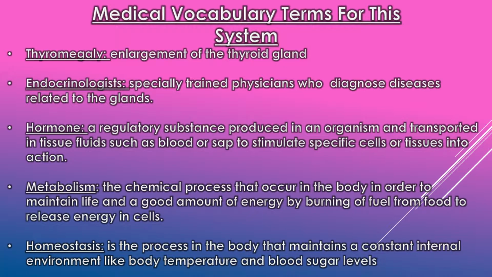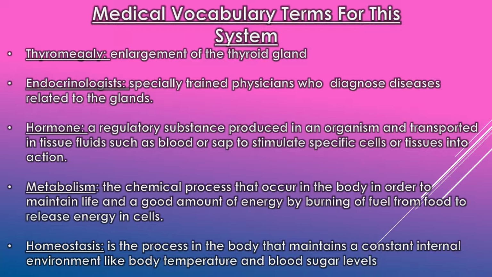Next, we have metabolism. The metabolism is the chemical process that occurs in the body in order to maintain life and a good amount of energy by burning off fuel from food to release energy in cells. Lastly, we have homeostasis.